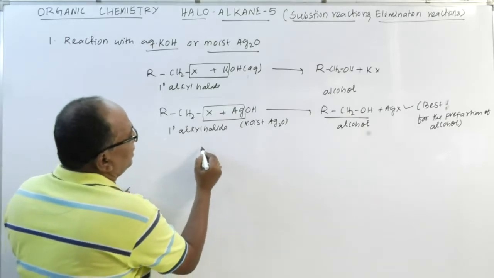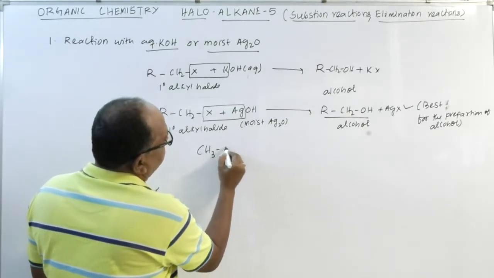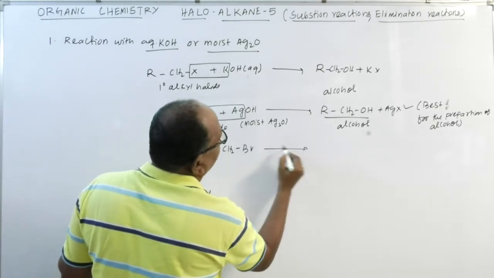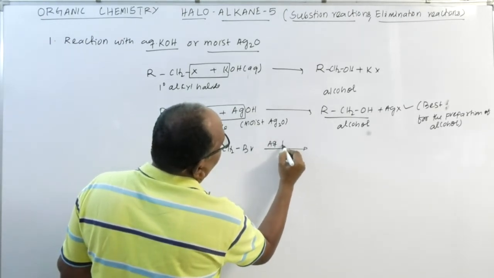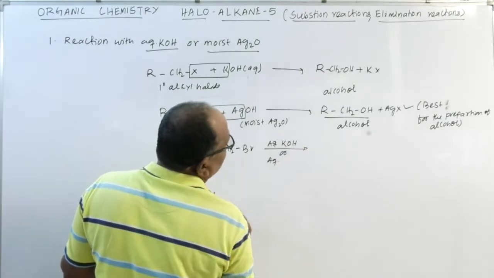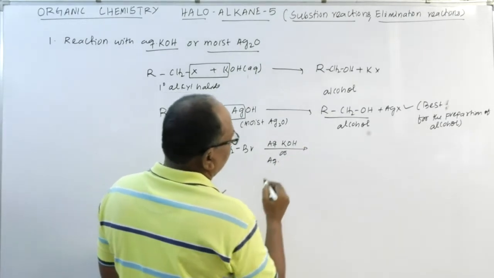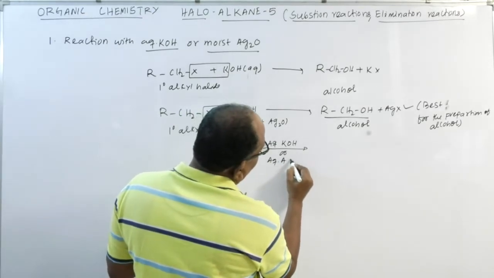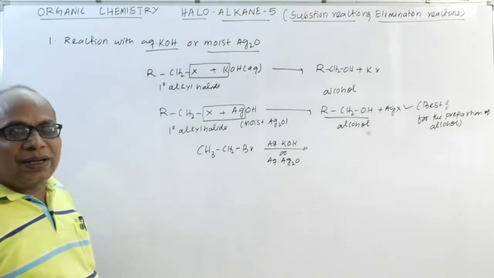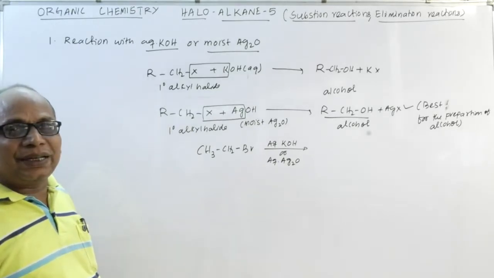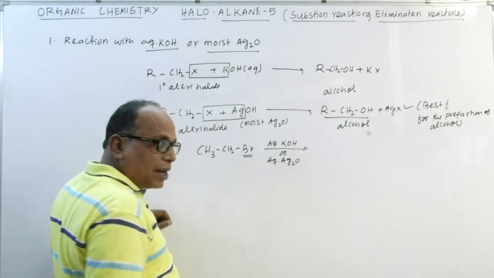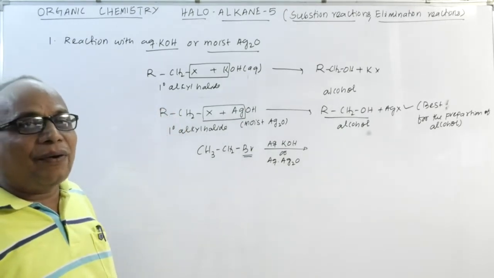Suppose you take ethyl bromide, you treat it with aqueous potassium hydroxide or aqueous silver oxide, what product will it give? It is the same product. This Br gets substituted by the OH group.